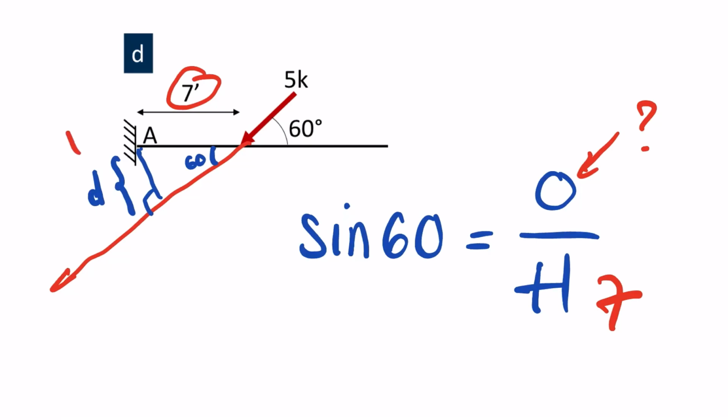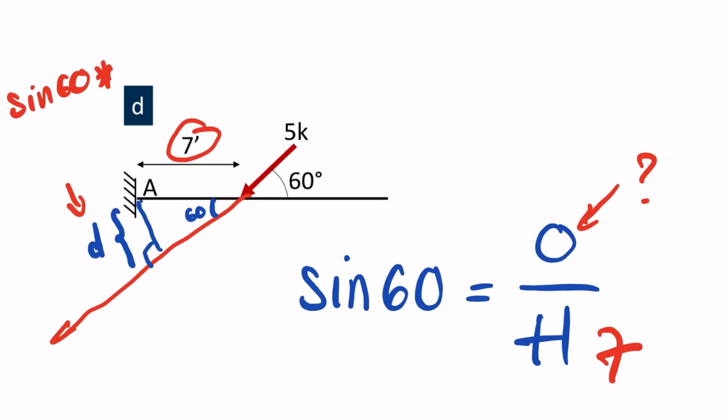You can put that into your calculator. I'm going to do that now. Sine of 60 multiplied by 7 equals 6.1. So the distance is 6.1.